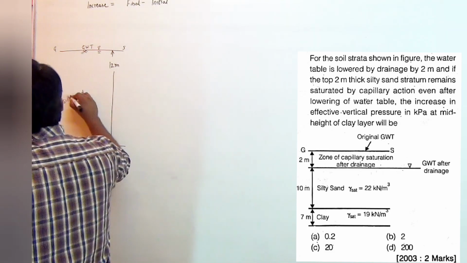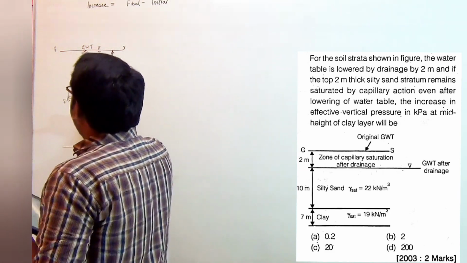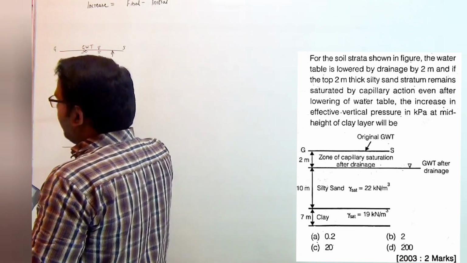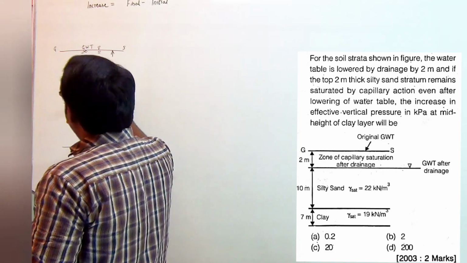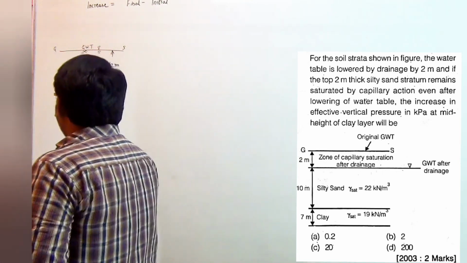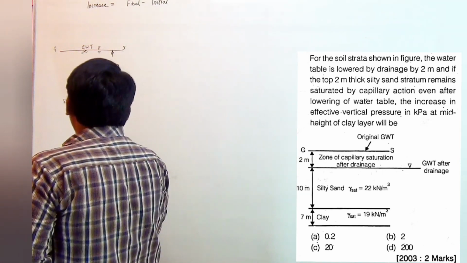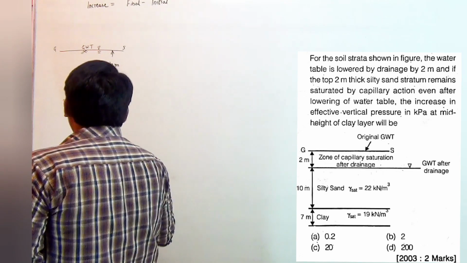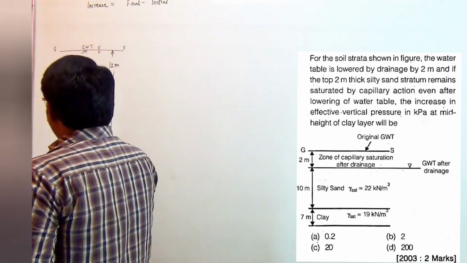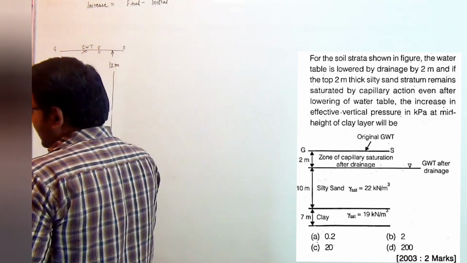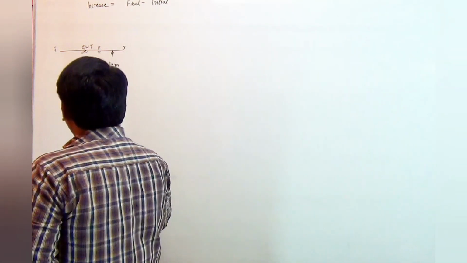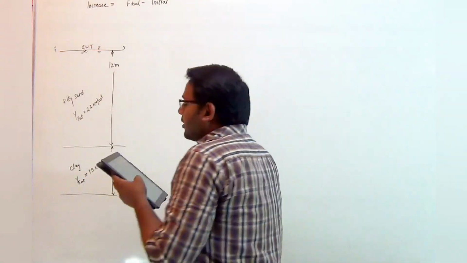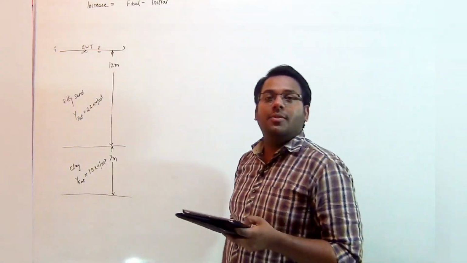As given in the diagram, you can see that gamma saturated for the sand will be equal to 22 kilonewton per meter cube. Whereas after that there is a clay layer, and the clay layer depth is 7 meter. The gamma saturated for clay is given as 19 kilonewton per meter cube. So this is the initial condition for the soil.